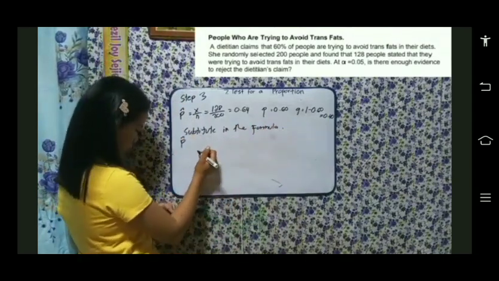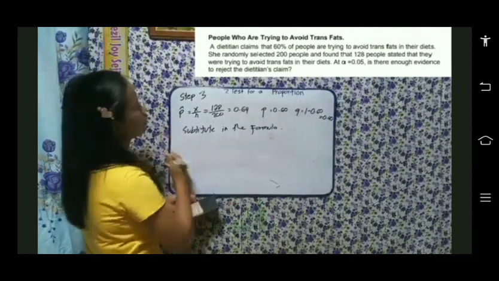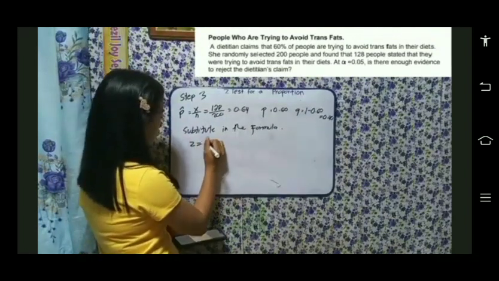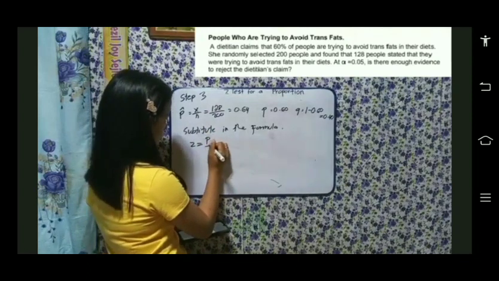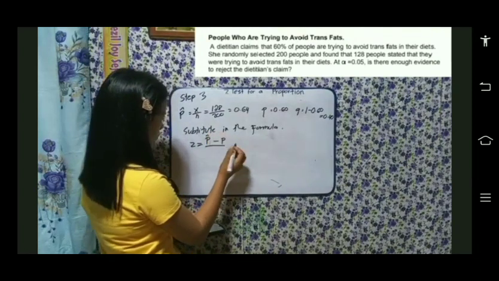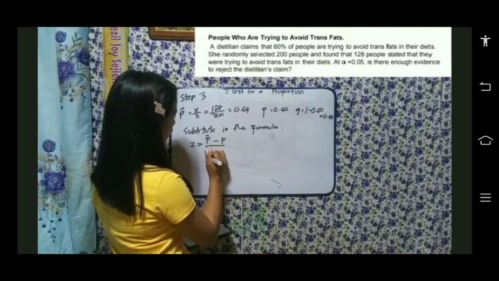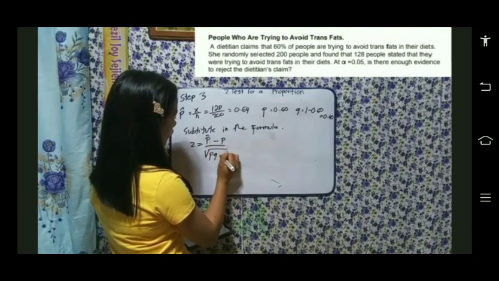P hat, z equals (p hat minus p) over the square root of pq over n.